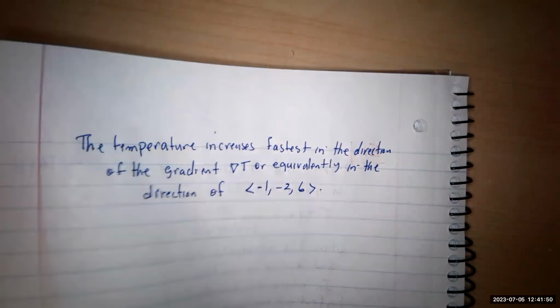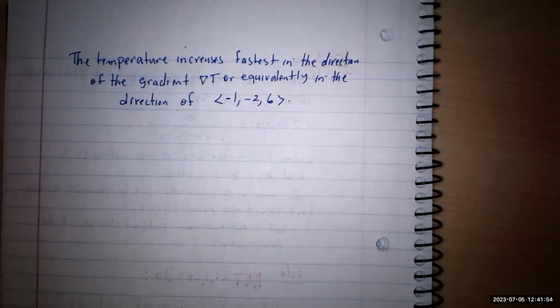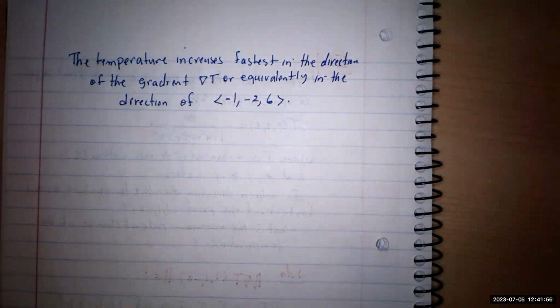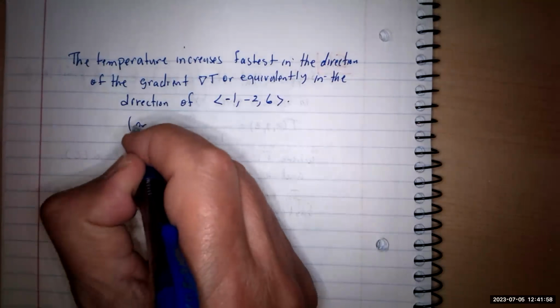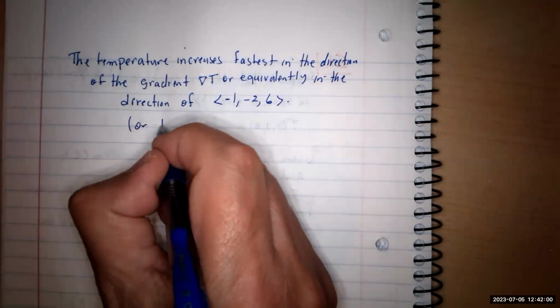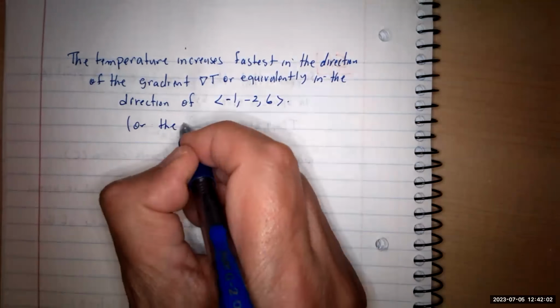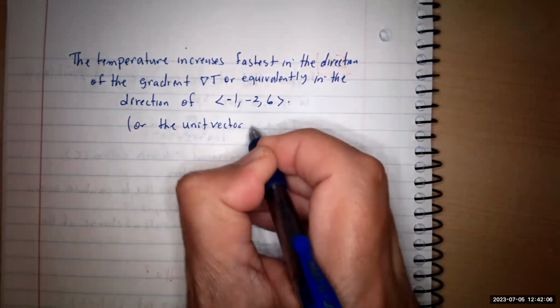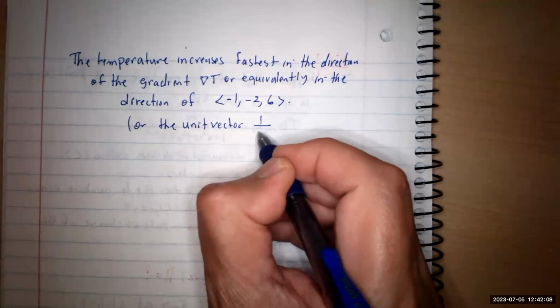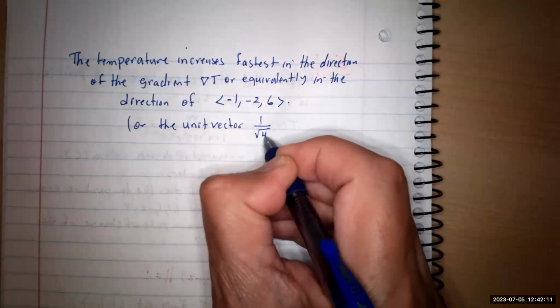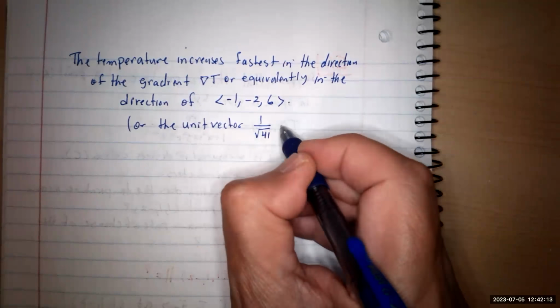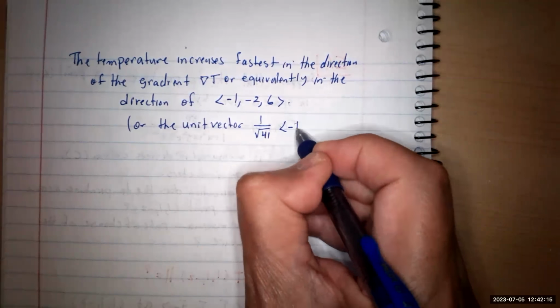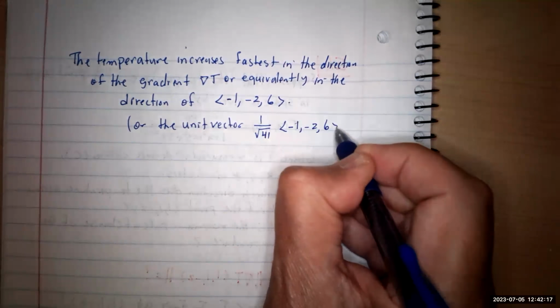I just dropped the 5/8, because you know that they are going to be parallel. Even if you want the unit vector, the norm of that vector was the square root of 41, but we're happy with the first one.